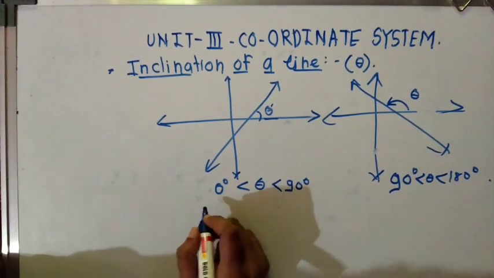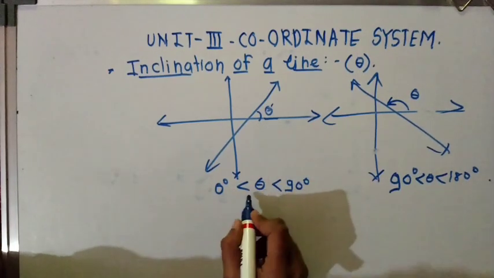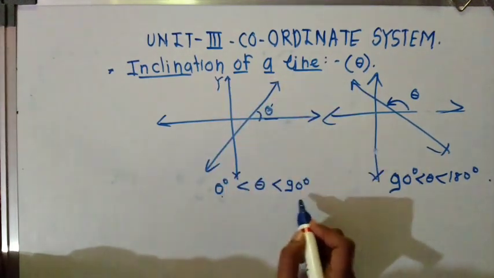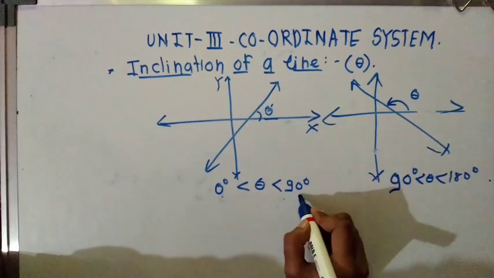So the inclination of the x-axis is 0 degree and the inclination of the y-axis is 90 degree.